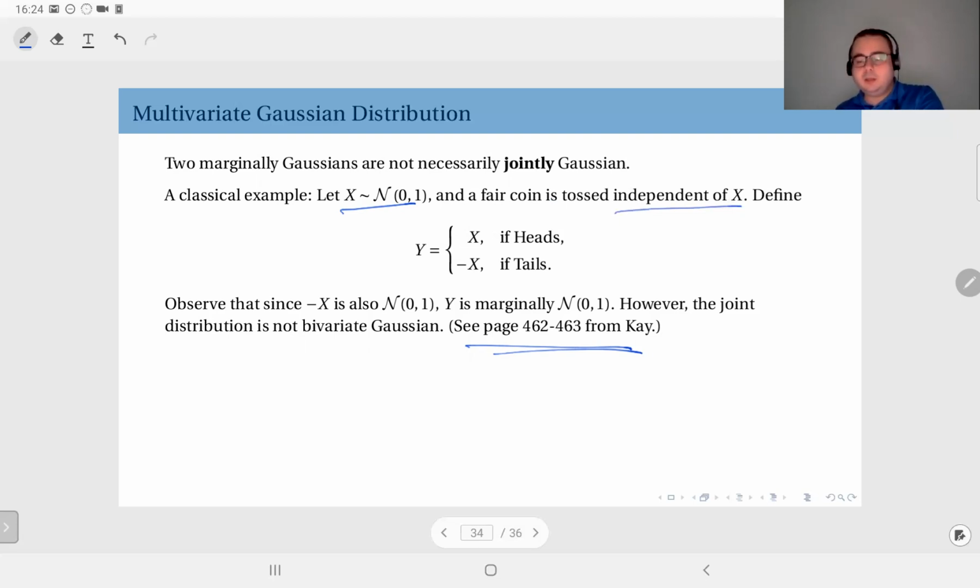We define a new random variable y by taking x if the coin outcome is heads, and taking minus x if the outcome is tails. Since x is standard Gaussian, minus x is also standard Gaussian. When you derive the PDF of y, we haven't seen functions of random variables, so at this point maybe you can't do it, but it's not that difficult. If you do it, you'll see that y is also standard Gaussian.